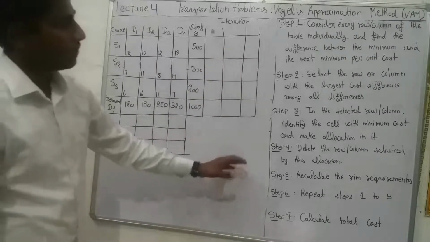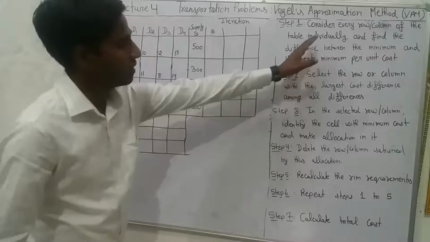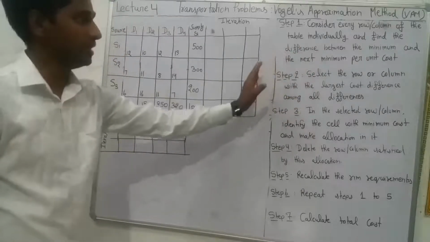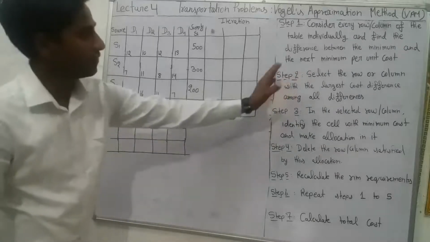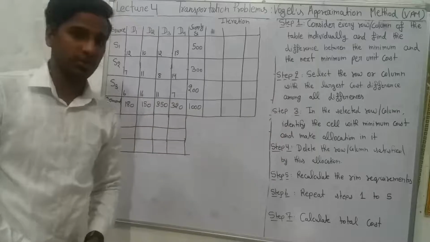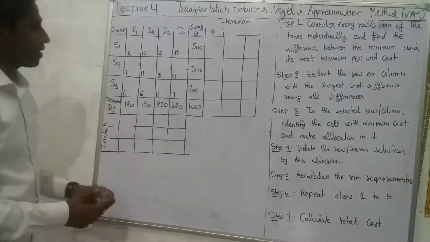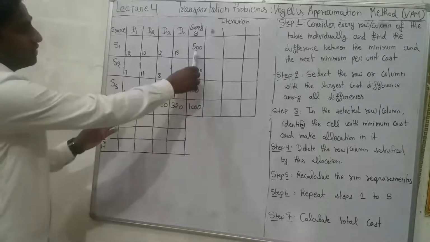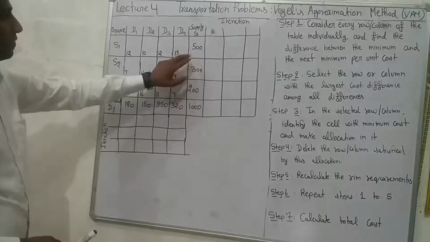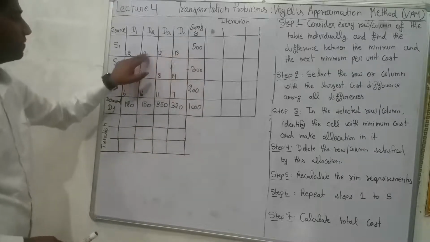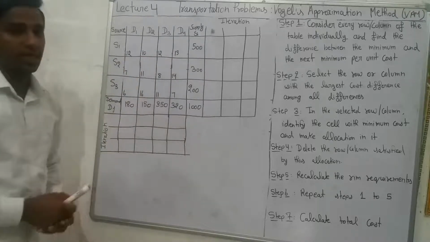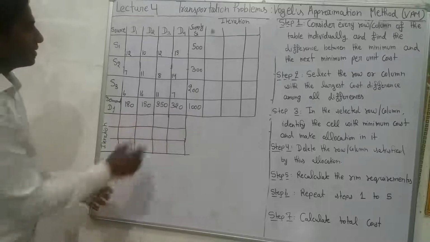In step 1, what we have to do is consider every row and column of the table individually and find the difference between the minimum and the next minimum per unit cost. So, in the first row, first of all we select the minimum cost. The minimum cost is 10 and the next minimum is 12.